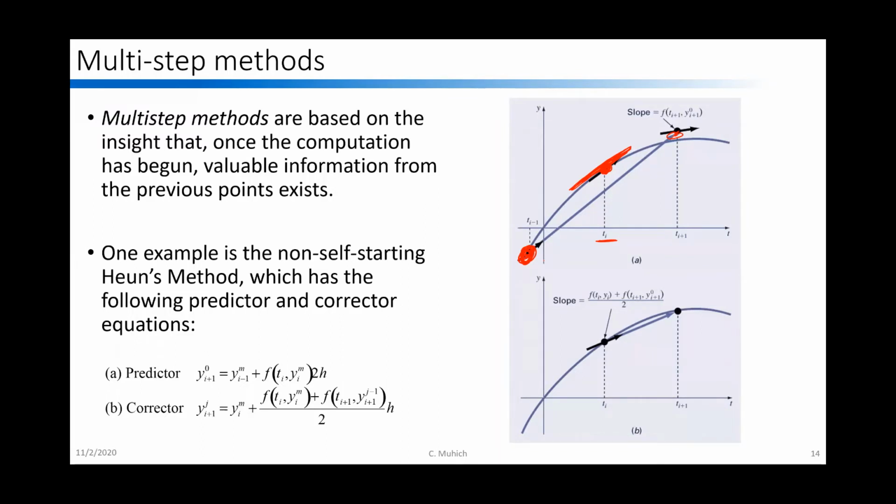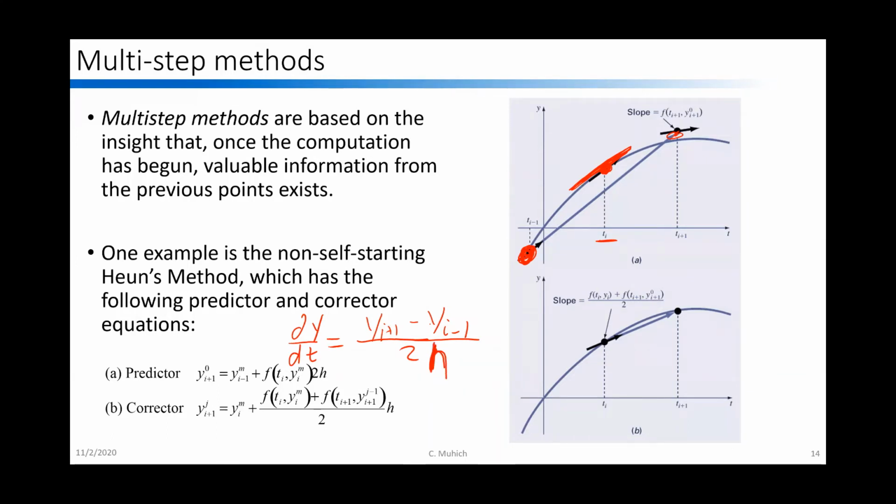So remember when we were looking at derivatives, we said that the central difference formula, dy/dt, was more accurate if I looked at y i plus 1 minus y i minus 1 over 2h. If I take that central difference formula, this is the idea in the non-self-starting Heun's method.